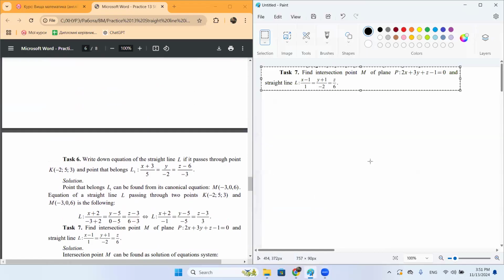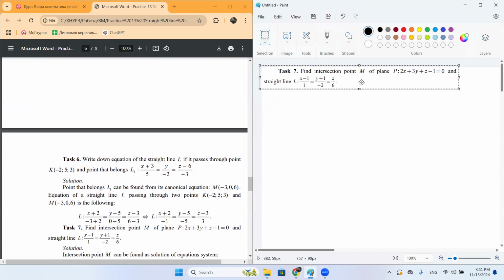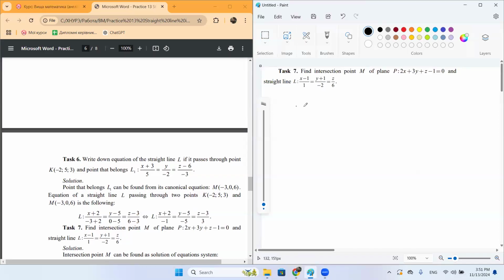So how to find it? Well, to find the intersection point of the plane and straight line, we need to solve a system of equations.